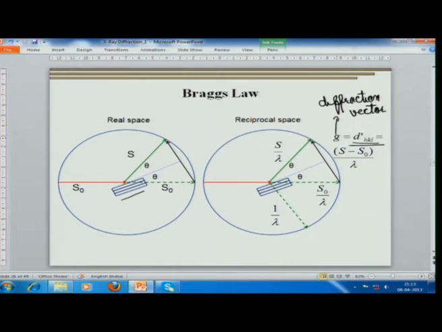So, this is the necessary condition for diffraction to occur in 3 dimensions.